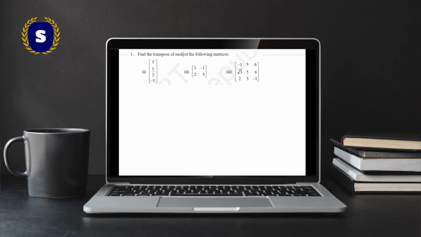We know that to calculate a transpose, we simply have to convert rows into columns and columns into rows. Like for example, in the first part, we have one column and three rows, right?